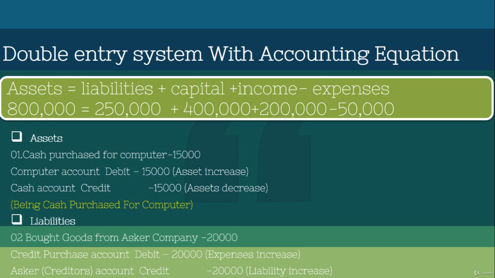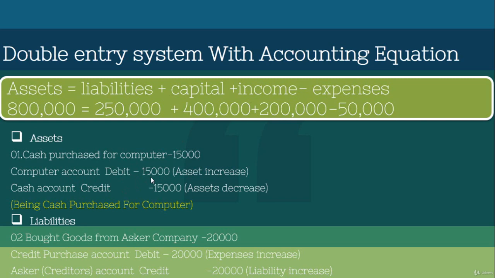I'm going to give one transaction for the asset: cash purchase of a computer, 15,000. The double entry is computer account debit 15,000, cash account credit 15,000. Why?